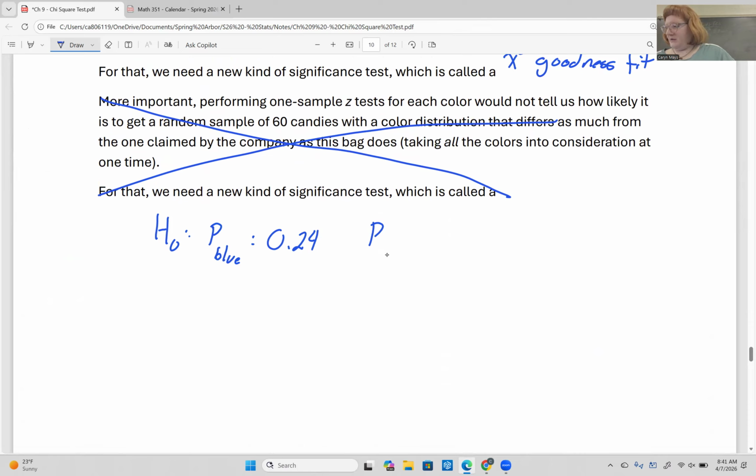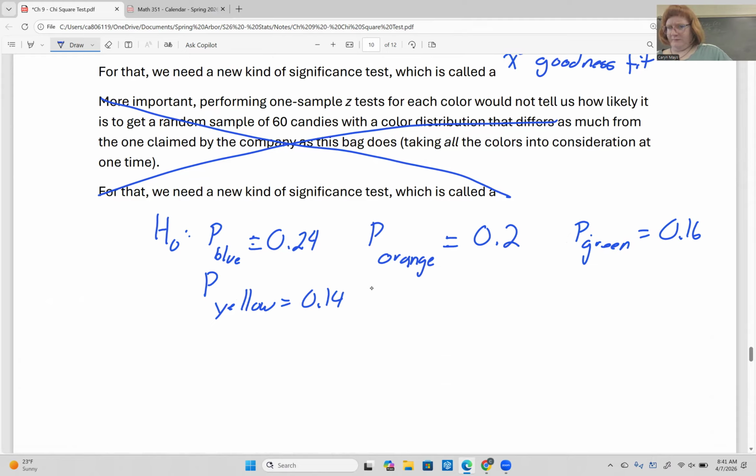The probability of orange is 20% or 0.2. The probability of green is 0.16. The probability of yellow is 0.14.